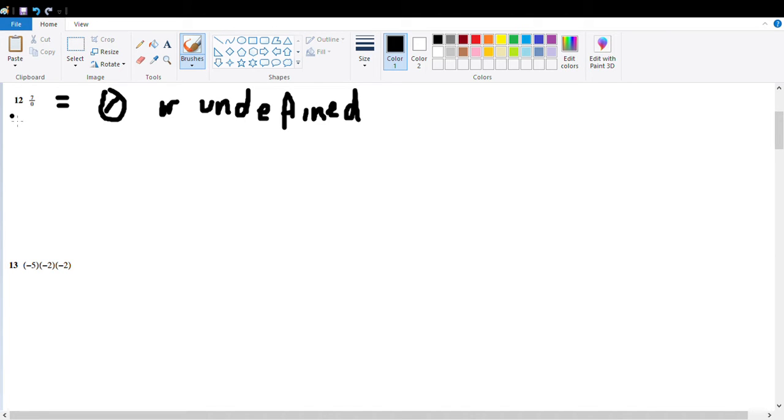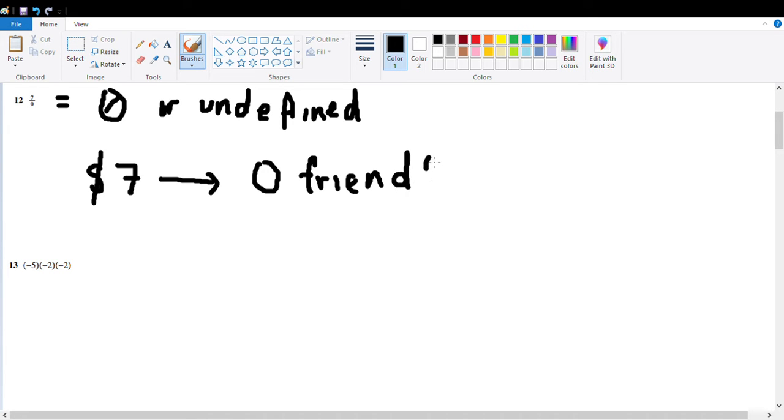Let's say in this problem 12, you can think of problems like this as money problems. Let's say you have $7 and you want to split it up equally to your 0 friends. You're a freaking loner. How much does each of your friends get? Do each of your friends get 0, or you don't know?